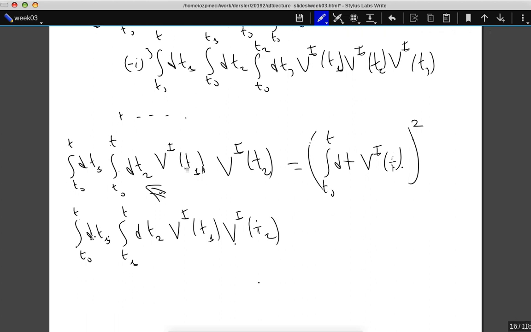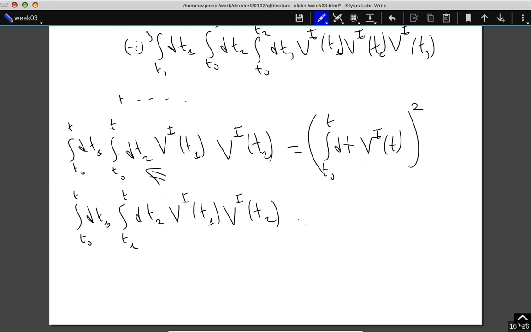Now let me change the order of integration. Do you know how to change the order of integrations here? So this will be dt2, dt1. Now t2 goes up to t.